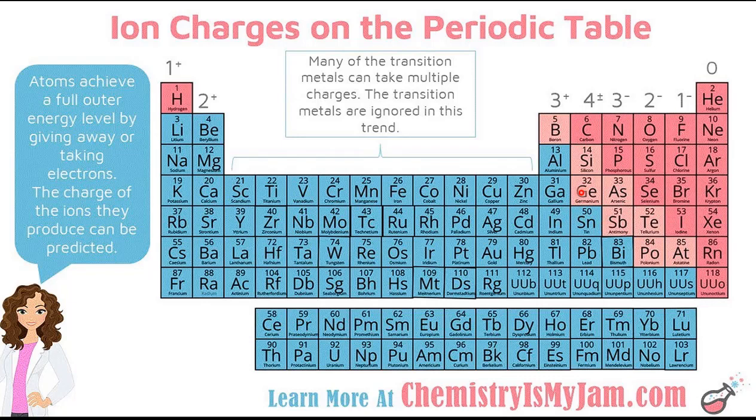Again, just remember that when we're looking at our metal versus nonmetal differentiation, the metals are going to be the cations, right? So here, when we're talking about is it 4 plus or 4 minus, the 4 pluses are going to exist down here. The 4 minuses are going to exist up here.